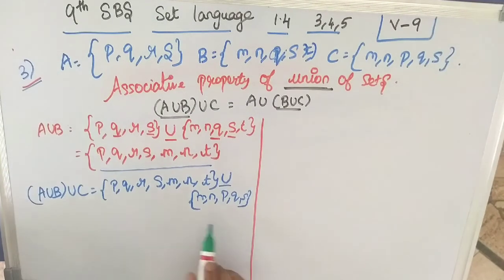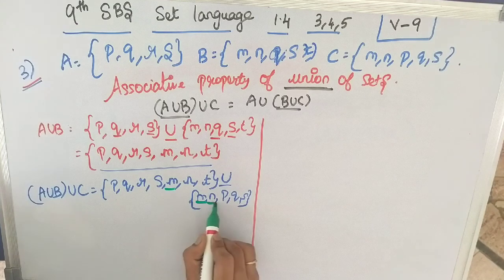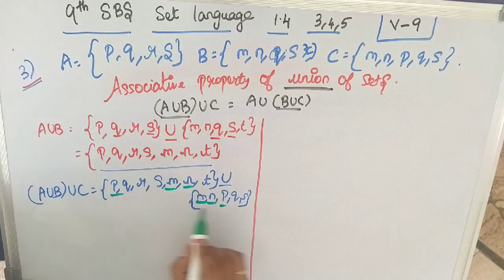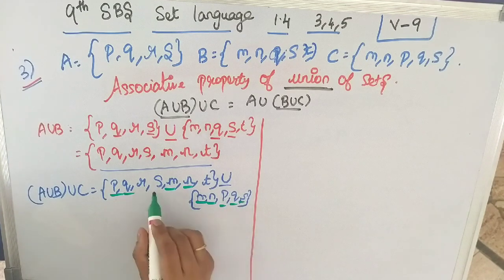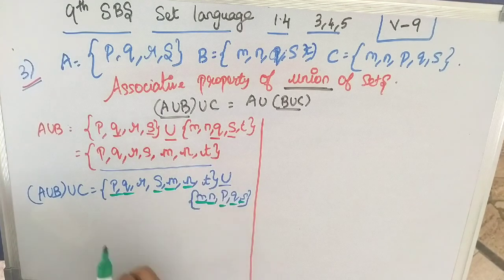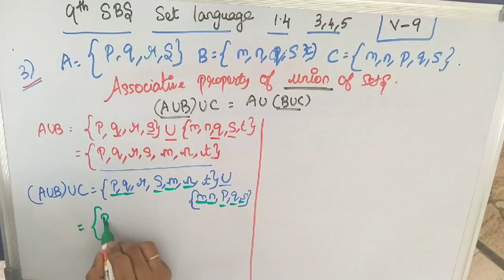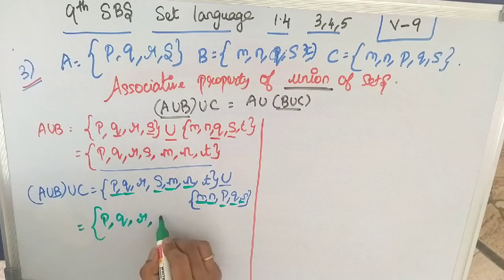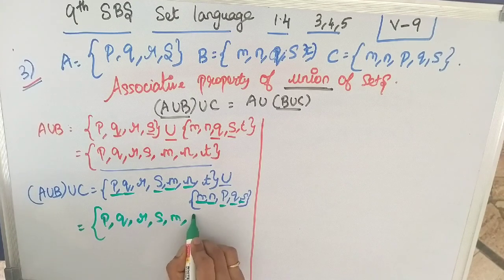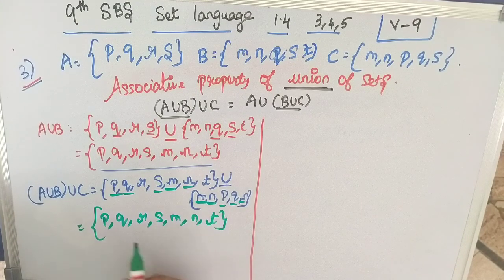Here, we have to find the common elements. M, N, P, Q, S are all common, so we write these elements only once, and we also include R and T, which are in the first set. So P, Q, R, S, M, N and T. This is (A union B) union C.